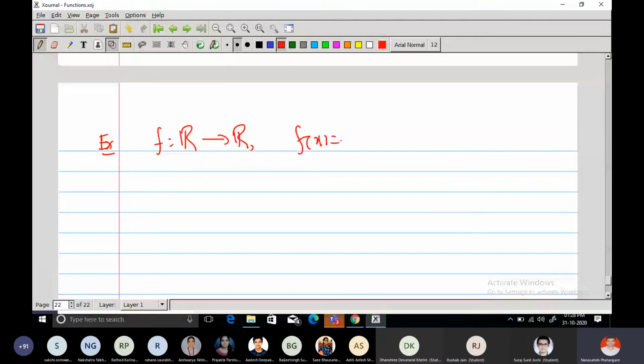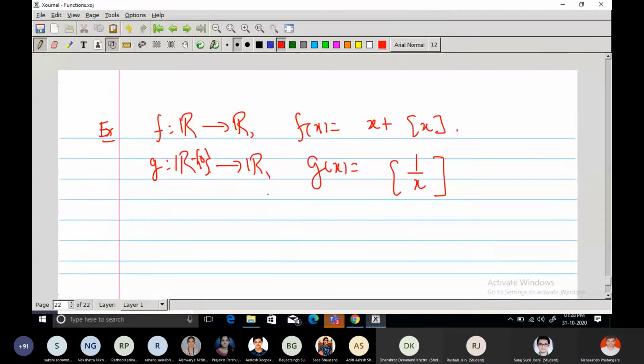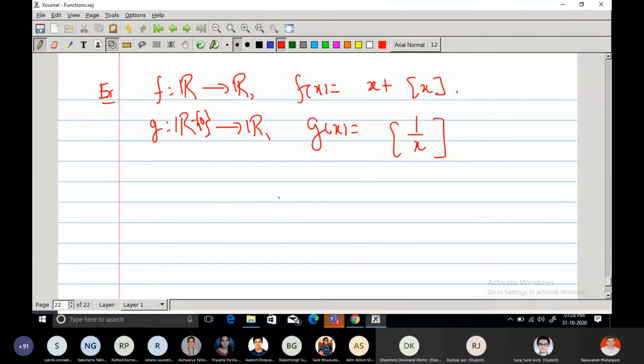So f of x is equal to x plus... g from R to R, g of x is equal to... not 0. So you just try to sketch the graph of these functions.